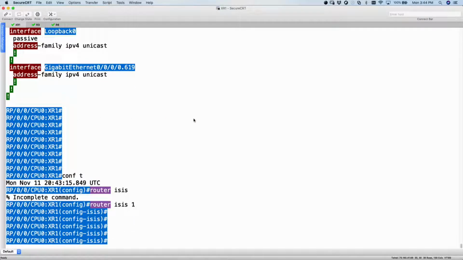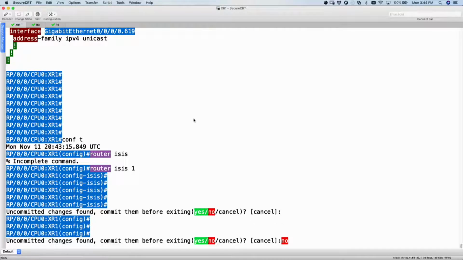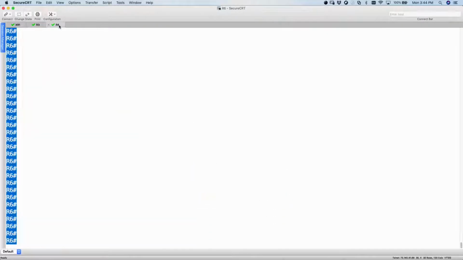Okay, so my neighborship is not coming up. The problem could be maybe I have not activated ISIS on R6 or on XR1. In fact, we did verify XR1, that XR1 was correctly configured. So let's go and check R6 also.